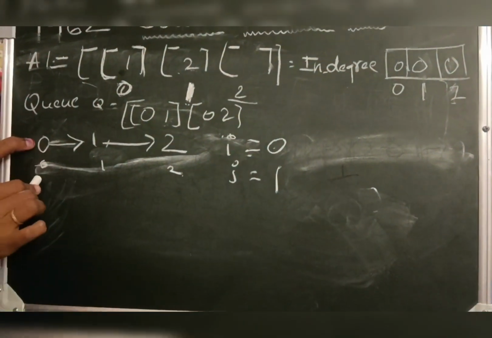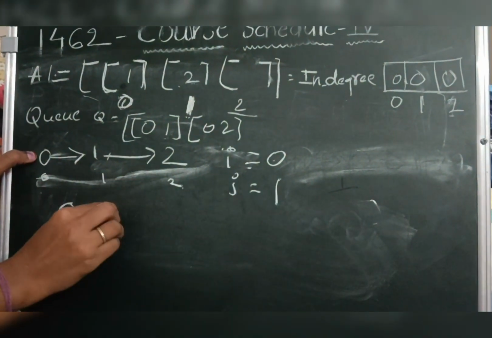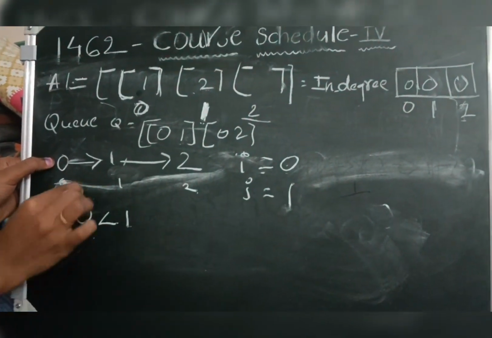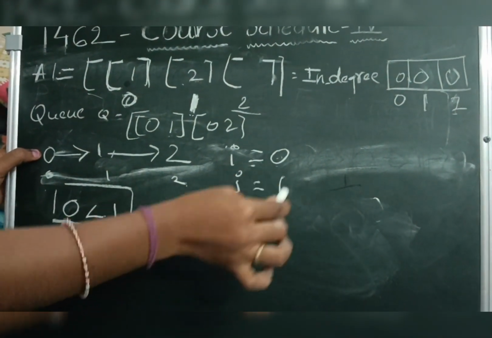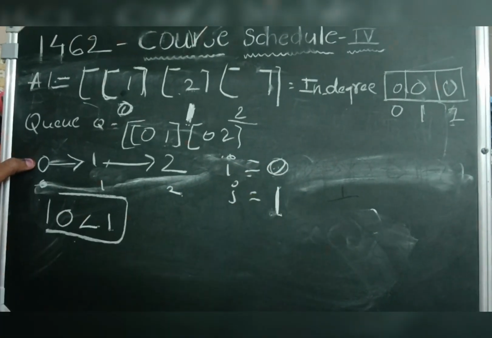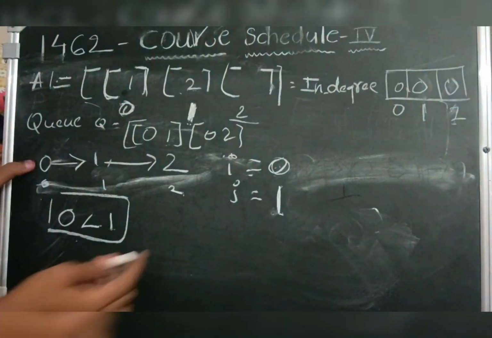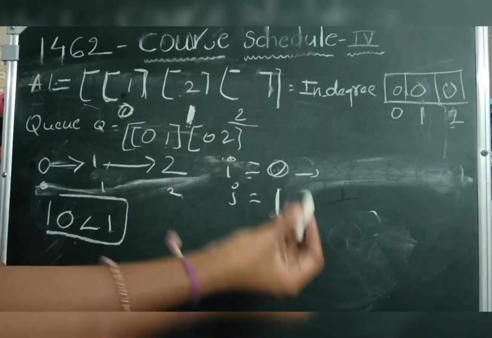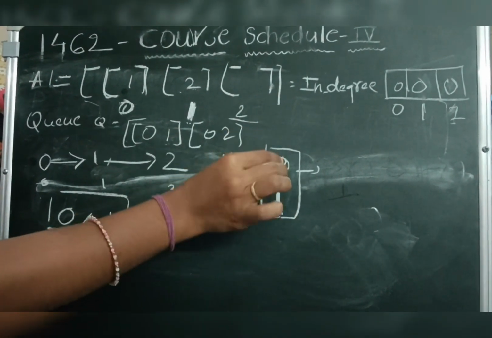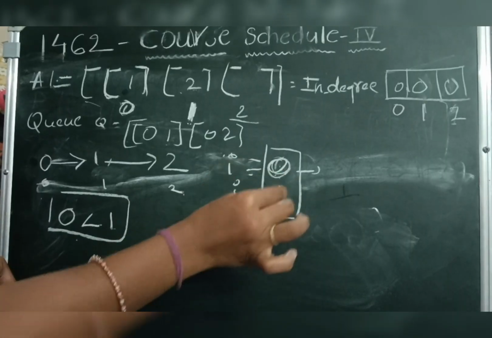The 0 is at index 0 and 1 is at index 1. Then the index of 0 is less than the index of j, meaning 0 is coming before 1. So you understand that 0 is a prerequisite of 1. So simply by traversing the topological sort, when the index of the first element is less than the index of j, you conclude that the first vertex is a prerequisite of the second.